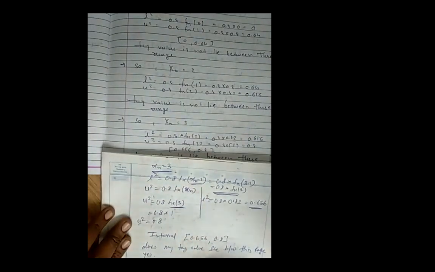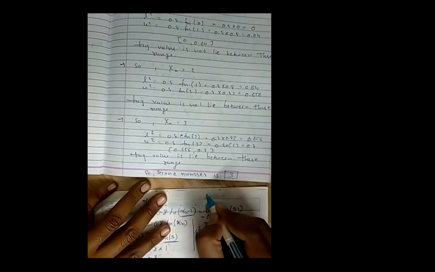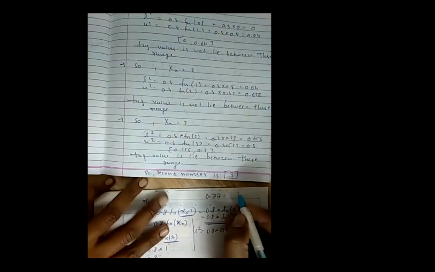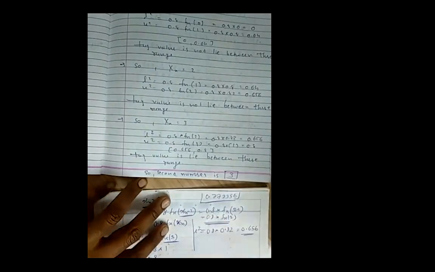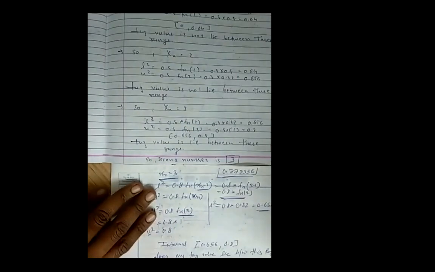My answer is yes. Again, let me write down the tag value, 0.772356. So this is my tag value which I have to work out. So yes, hence I can say my x2, or the next symbol of xn, that is x2, will be 3.